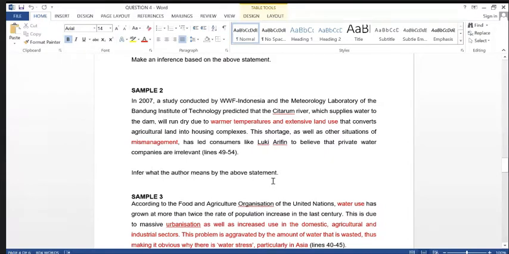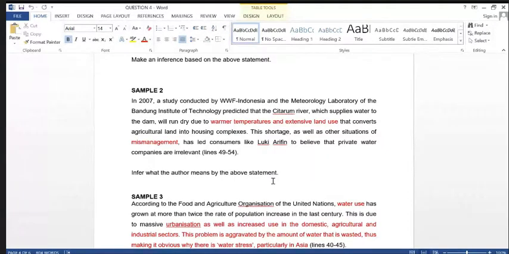Number 1 is talking about the factors that lead to the dam running dry, and the factors affecting the water supply. Number 1 is warmer temperature and extensive land use. And then there's another info that is given, saying that there is mismanagement that could be the reason for the problem of water supply.